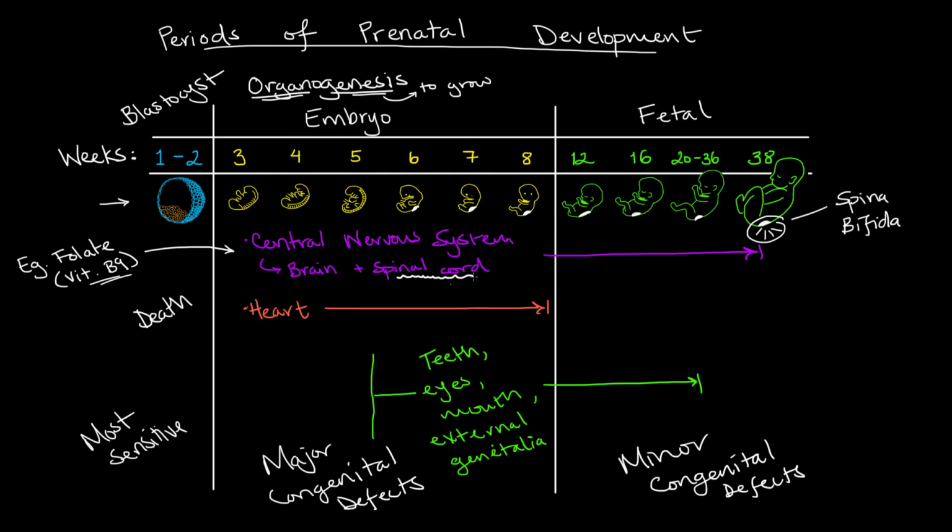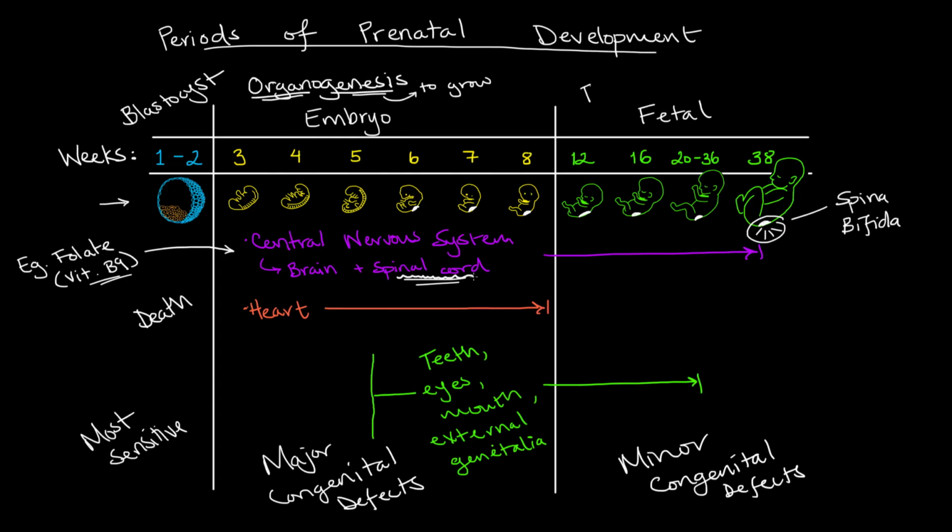But again, the central nervous system is developing mostly during this embryo period, and specifically the spinal cord closes during this period here. And so if the woman doesn't get enough folate during this embryo period, during these first 12 weeks, the spine remains open no matter what.